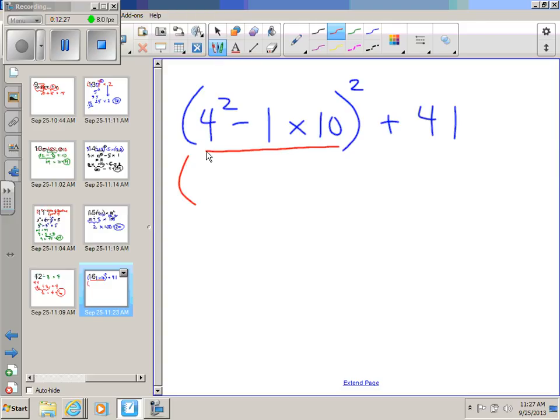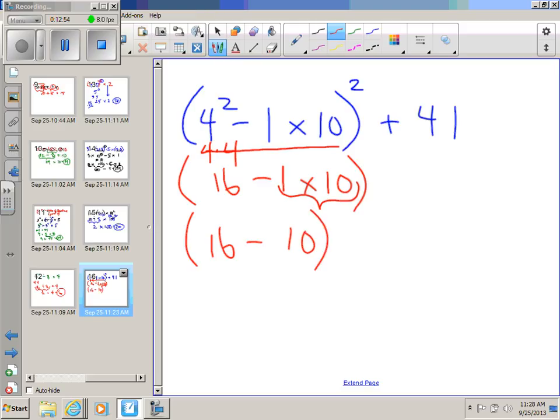The exponent is 4 squared. 4 times 4 is 16, minus 1 times 10. So, between the subtraction and the multiplication, what has to get done first? The multiplication, which is now 10.